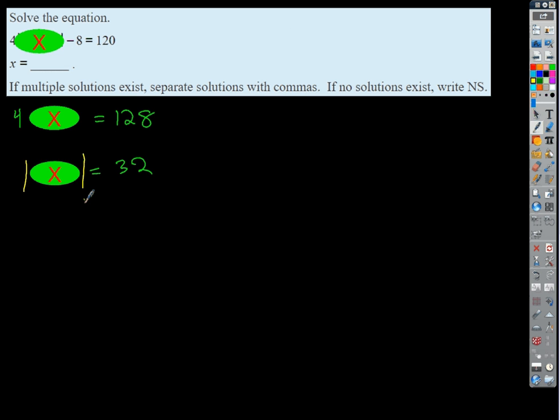Either what's inside could equal negative 32, or it could equal positive 32, because the absolute value is going to make it positive whether it starts off as positive or negative, right? So step 1 was we isolated the absolute value, right?